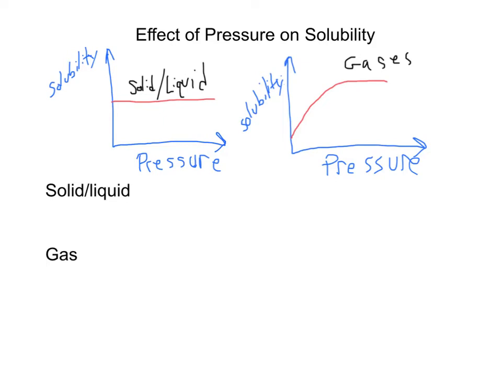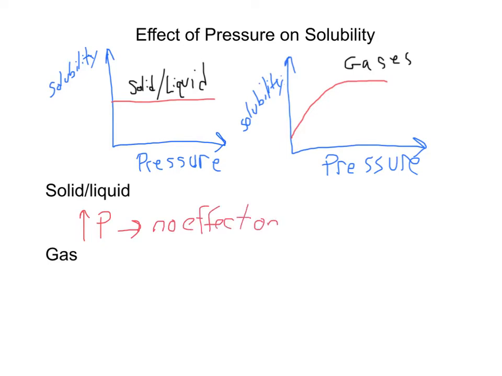So why don't you explain that, Mr. Hunter? As we see on the graph, you see solubility on the y-axis, pressure on the x-axis. As you would probably imagine, the pressure above a solution has no effect on how much solid or liquid can dissolve. So solids and liquids are not affected by pressure.